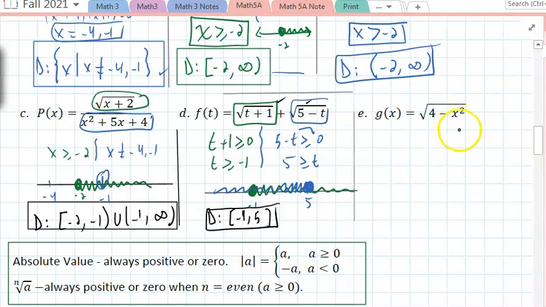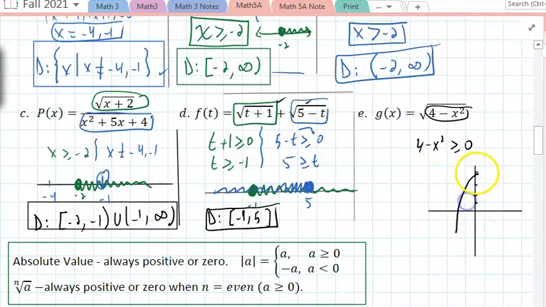And if I look at this, this is a bit tricky. I would say I want 4 minus x squared to be bigger than or equal to 0. Be careful, this is not linear. The best way to do this is to use a sketch. We're going to elaborate on that when we get to circles, which is in a few minutes. 4 minus x squared is a parabola that's shifted 4 units up, upside down.